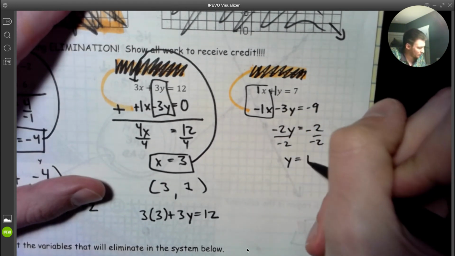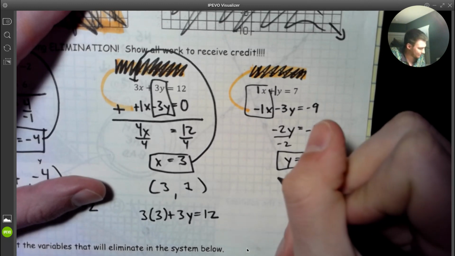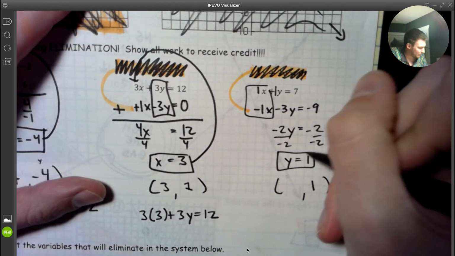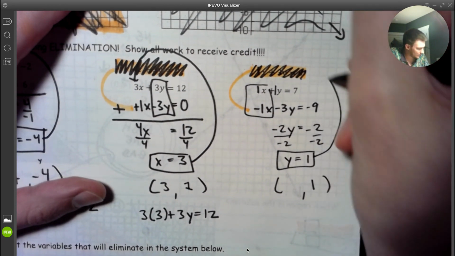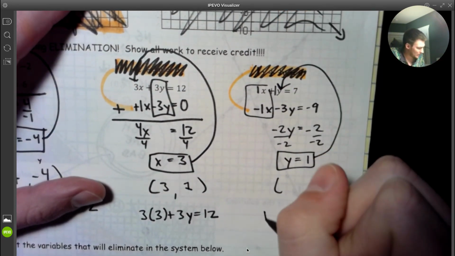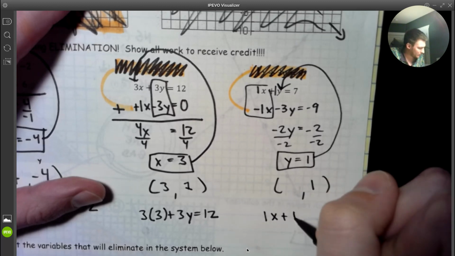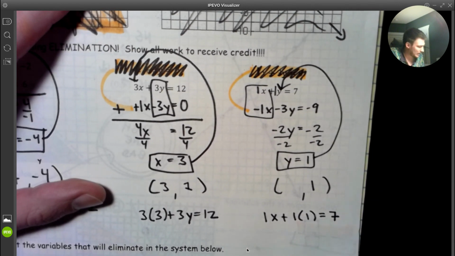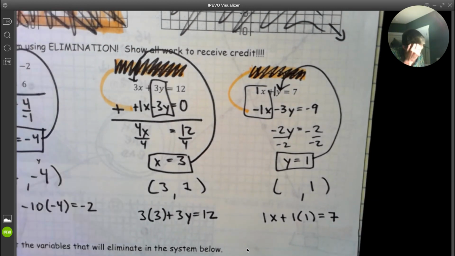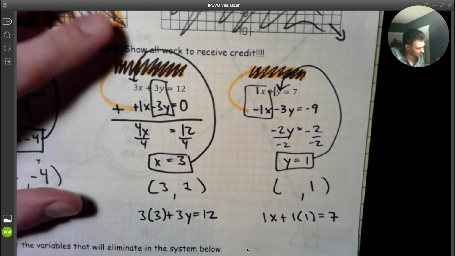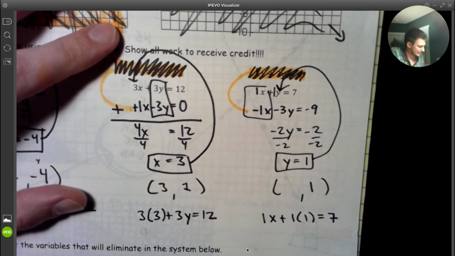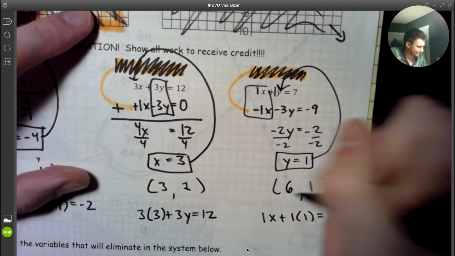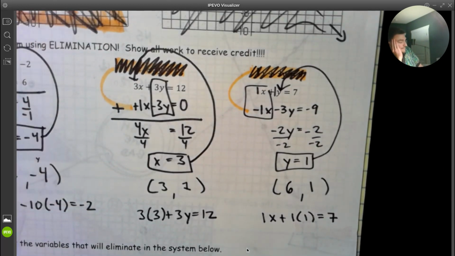Y is equal to 1. And so, plug the y in. 1x plus 1 times 1 equals 7. Type all that stuff in. Calculating. Getting 6.